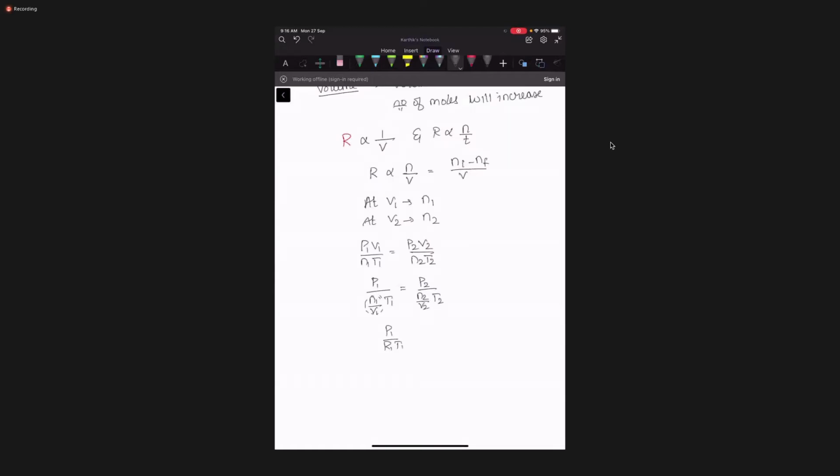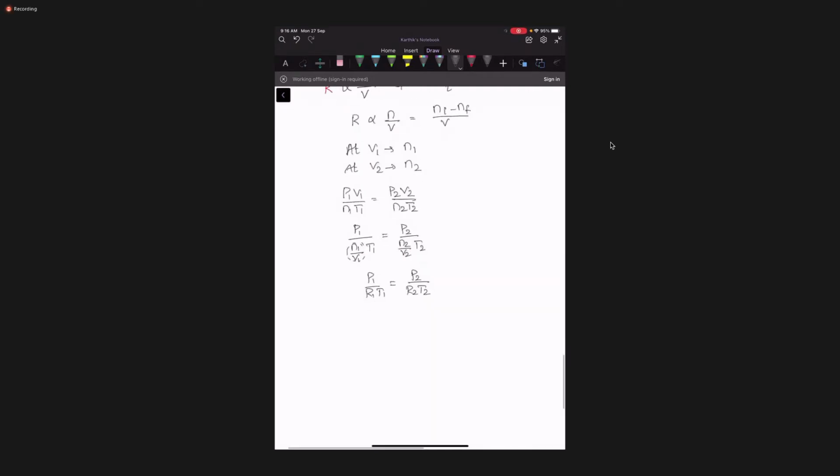P1 divided by R1 T1 is equal to P2 divided by R2 T2. R2 you require, so R2 is equal to P2 R1 T1 divided by P1 T2.